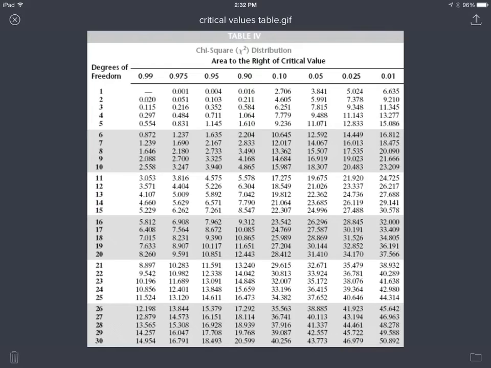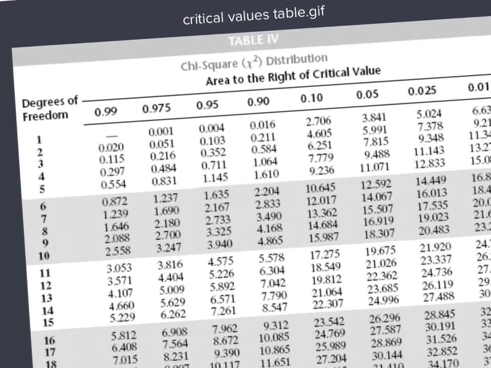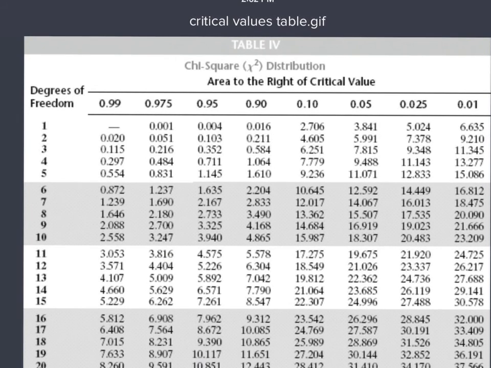And so in this example, I'm going to zoom in here, that's what we found, that there were 2 degrees of freedom. And we said we were going to use the 5% significance level. 5% written as a decimal is 0.05. And so we're just going to read over and down, and that gives us our critical value of 5.991.